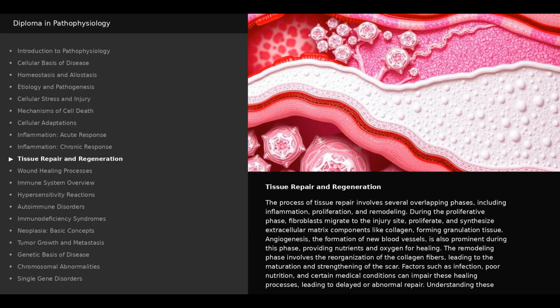The remodeling phase involves the reorganization of the collagen fibers, leading to the maturation and strengthening of the scar. Factors such as infection, poor nutrition, and certain medical conditions can impair these healing processes, leading to delayed or abnormal repair. Understanding these phases is crucial for promoting optimal healing.